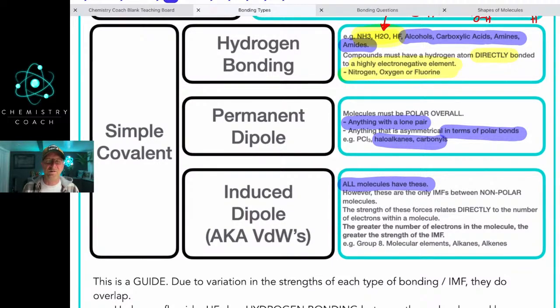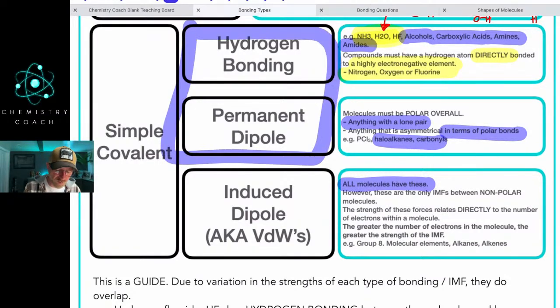Every single molecule to a certain extent has induced dipole forces. It's just that if there is another stronger intermolecular force that it has, we tend not to bother talking about the induced dipoles. So any of those molecules with permanent dipoles or hydrogen bonding always have induced dipoles as well.